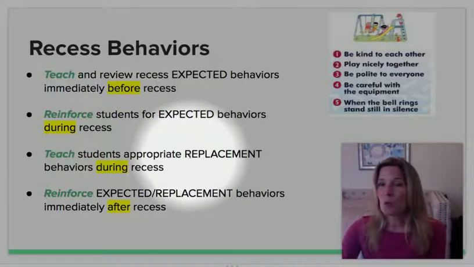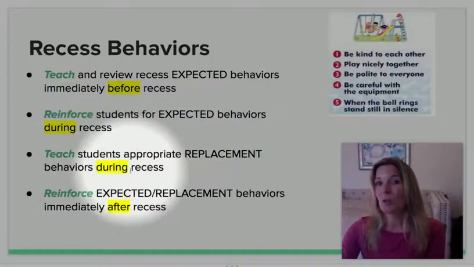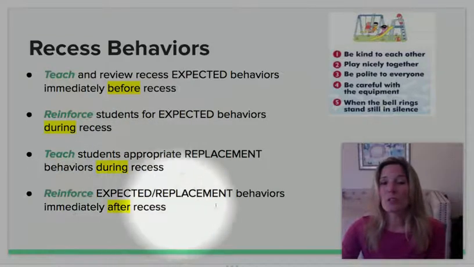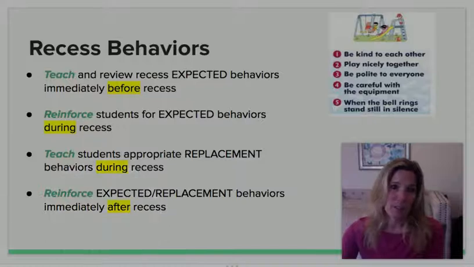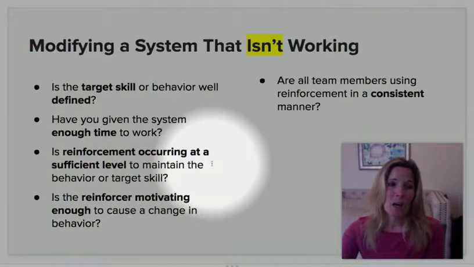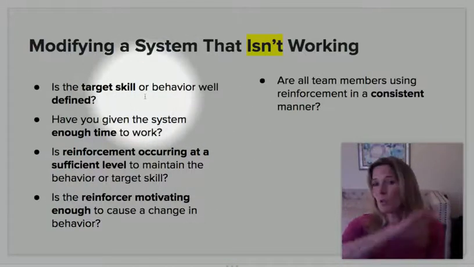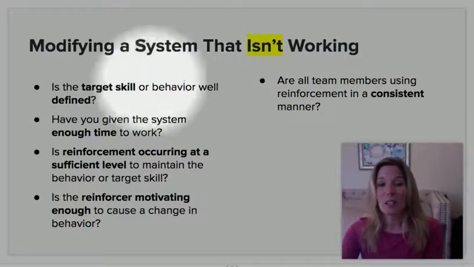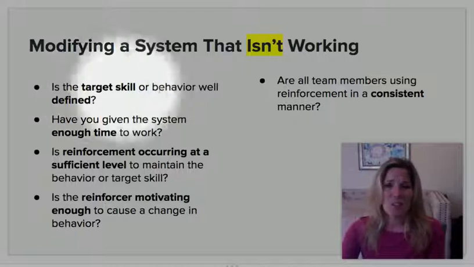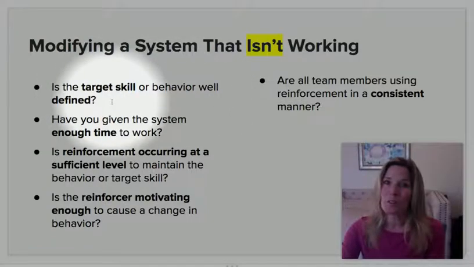Teach students appropriate replacement behaviors during recess, and also reinforce expected replacement behaviors immediately after recess. It's very important. Whenever you put any behavior strategy in place, you want to modify a system that isn't working. So you want to ask yourself, is the target skill or behavior well defined?